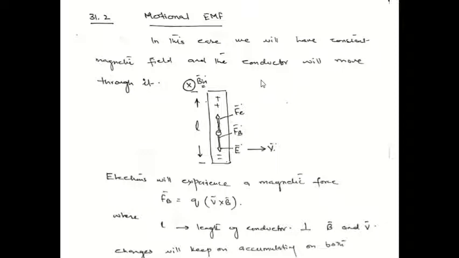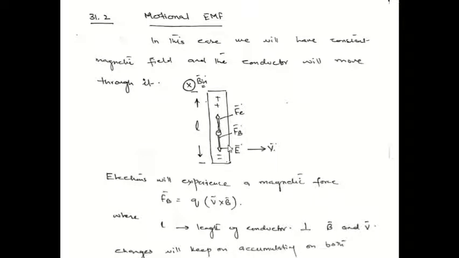So when we discuss motional EMF, we will have a steady, uniform magnetic field, and we will move the conductor in that uniform magnetic field. By moving the conductor we will induce current and voltage in the conductor.